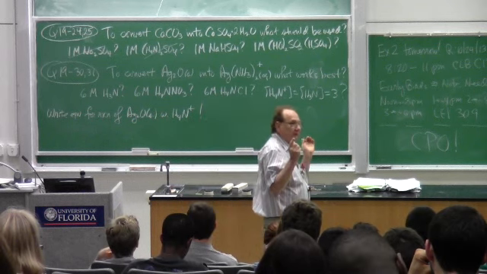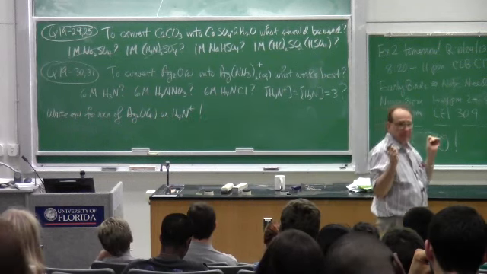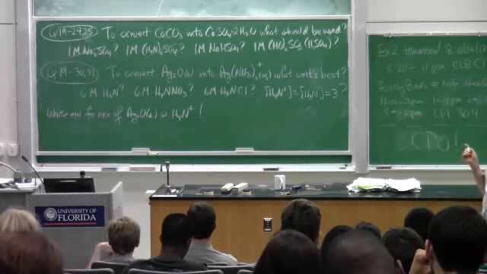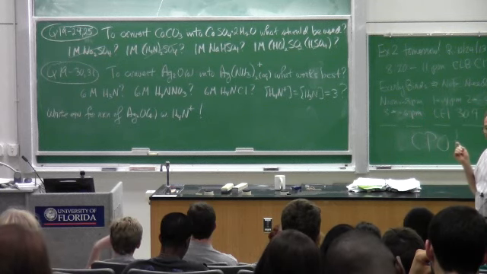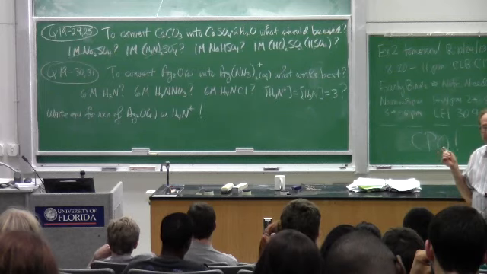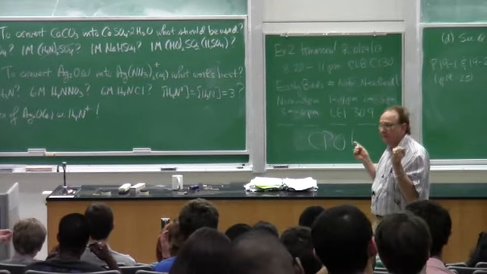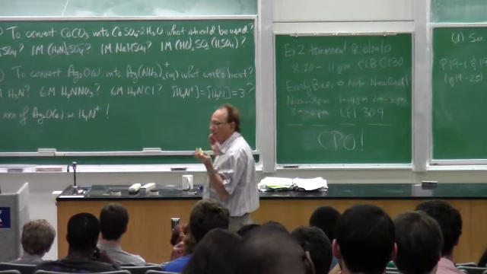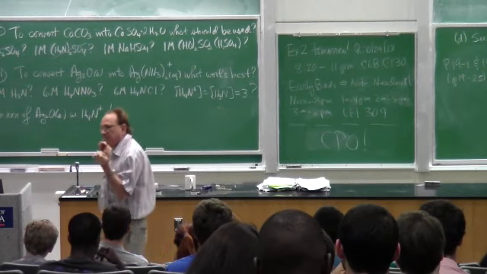Would silver oxide readily convert to silver chloride? If you say yes, then you're telling me silver chloride is a good deal more stable than silver oxide. Do you believe that's true? Look at your information sheet.